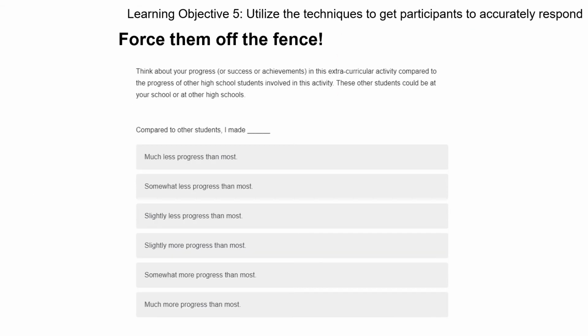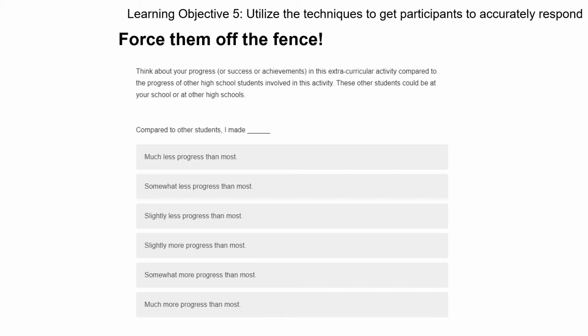An example of forcing them off the fence is to get rid of that middle option, to do a 6-point Likert scale. If you feel like doing a 6-point Likert scale, you can. I wouldn't go lower than 6. So actually, I wouldn't go lower than 5. You can do a 5-point Likert scale or a 7 with a middle, or you can do a 6-point Likert scale without a middle.